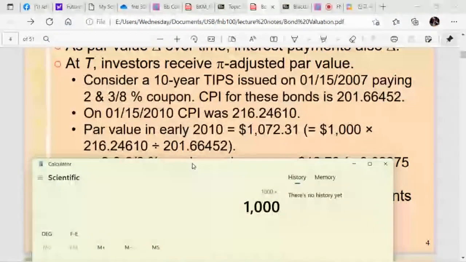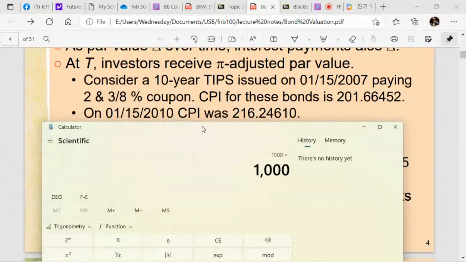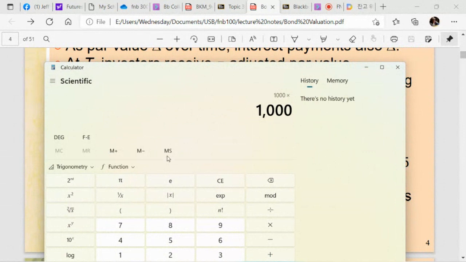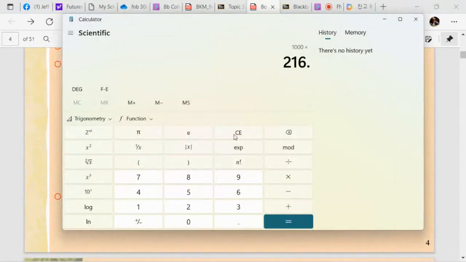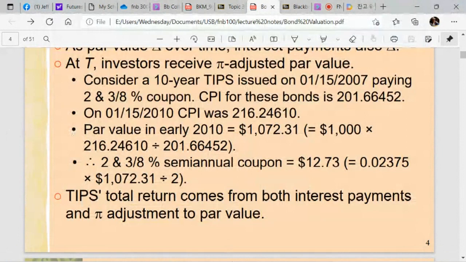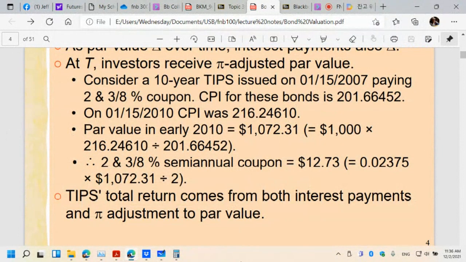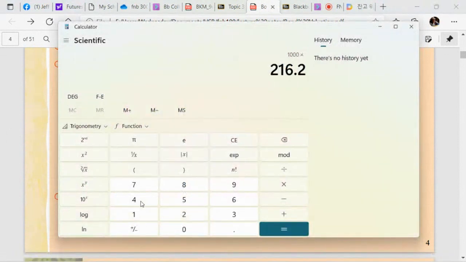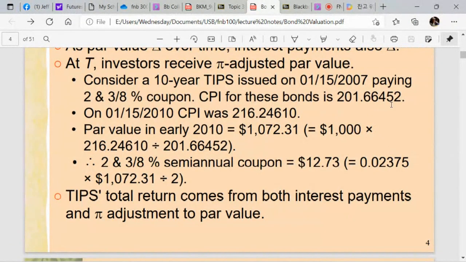What was the CPI? 216.2461 divided by 201.66452.